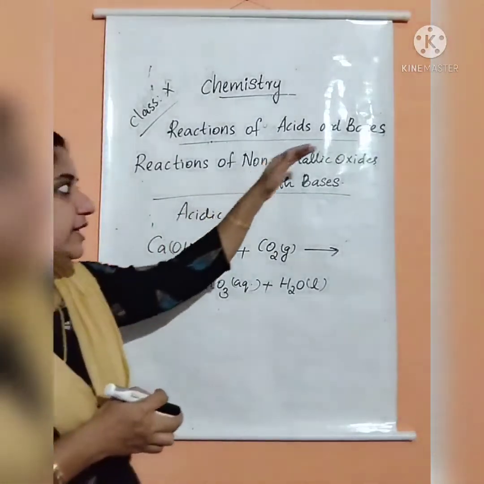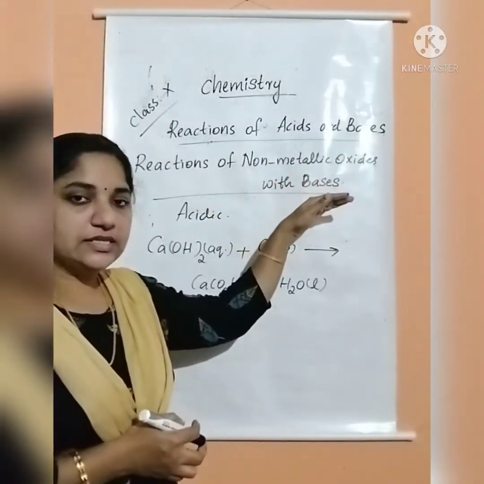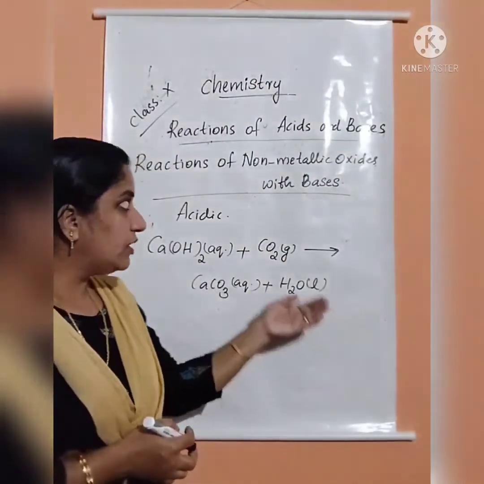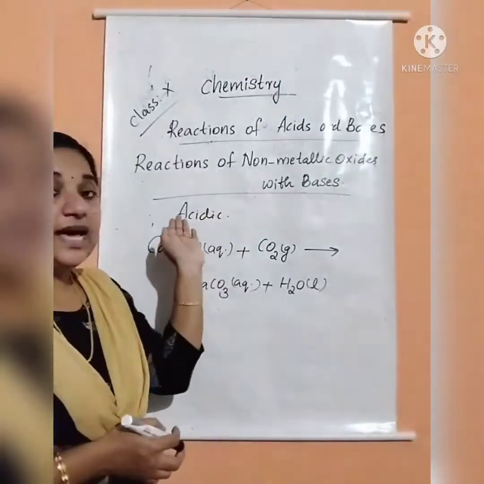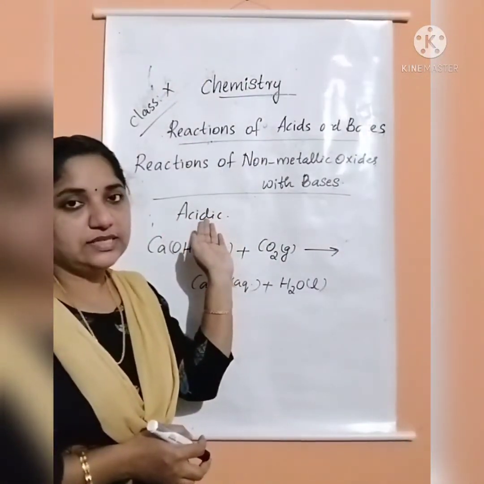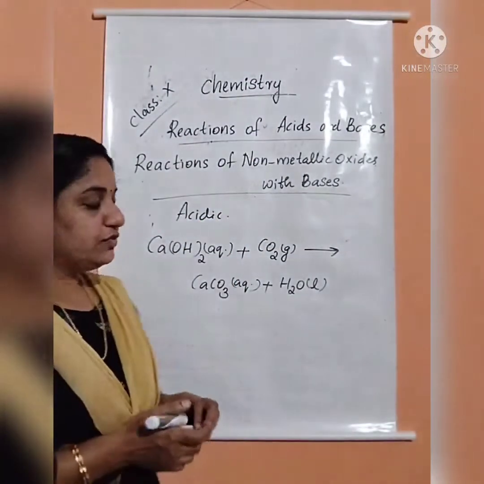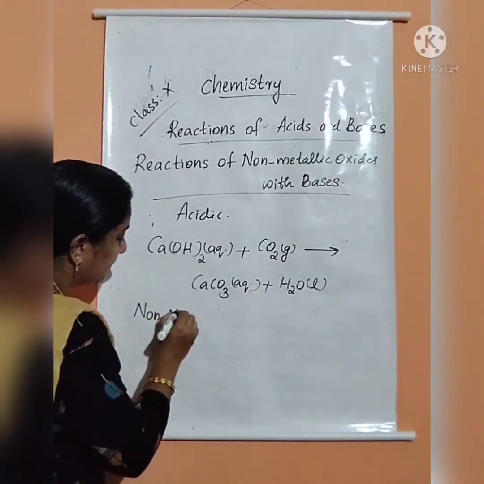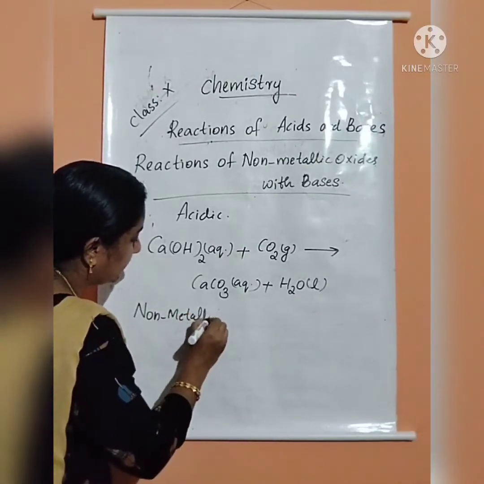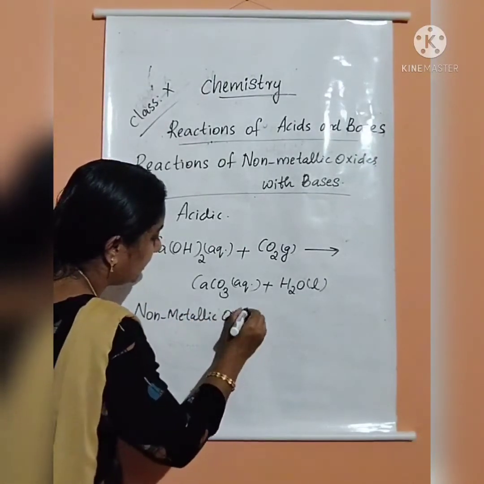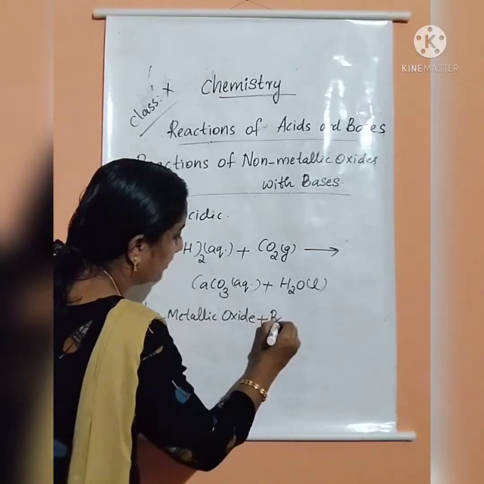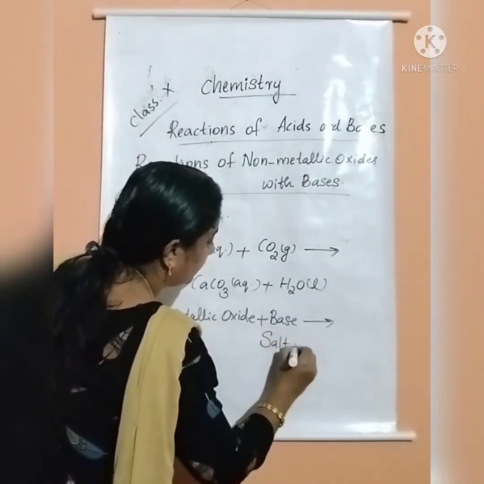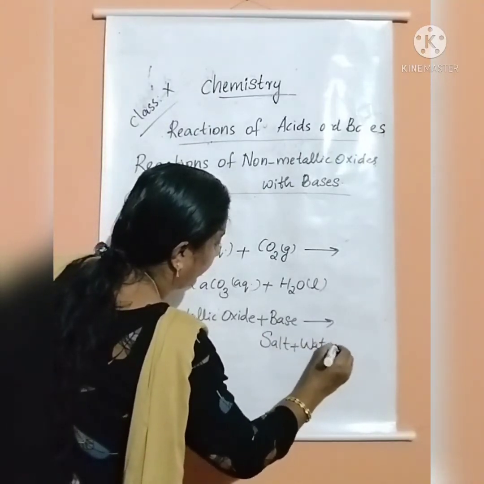So, when non-metallic oxides react with the bases, the products are corresponding salt and water because non-metallic oxides are acidic in nature. So, we can summarize: non-metallic oxide reacts with the base, the products are corresponding salt plus water.